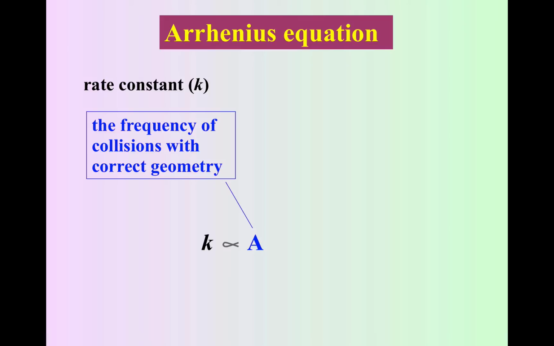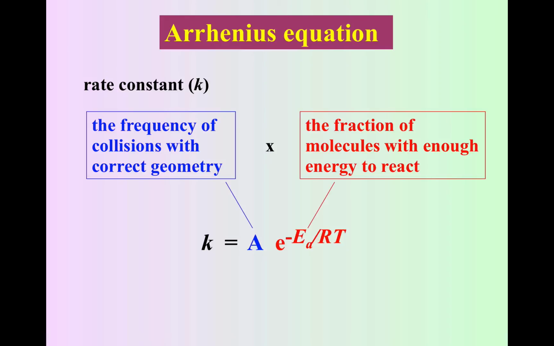Different reactions are going to have a different A value, depending on what the orientation issue is for collision, multiplied by E raised to the negative activation energy divided by RT. So with this expression, the Arrhenius expression, we're equating K to the frequency of collision, activation energy, and temperature. So know two of the terms, you can figure out the missing one.